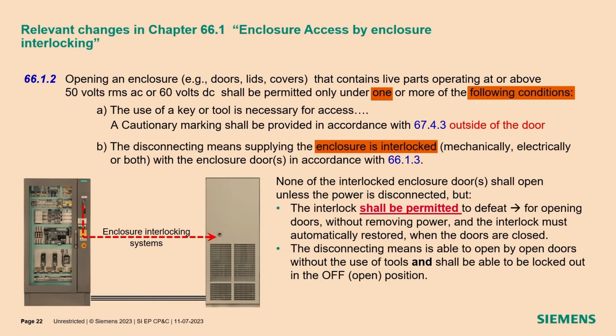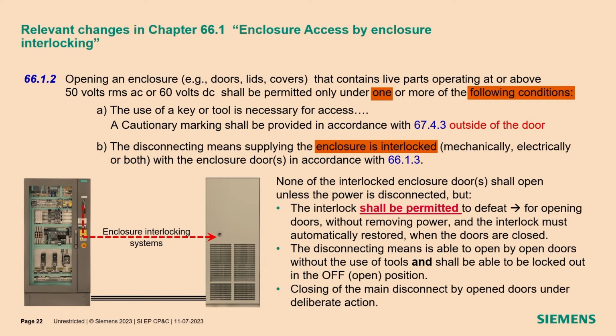And if you do this defeat procedure, then you have to see that the disconnect means is able to be opened by open doors. So for example, you make a defeat, you open the door under voltage, and then you feel, oh, we have a problem. You have to switch off the power. It shall be done inside of the cabinet. It must be possible to open the disconnect by open doors.